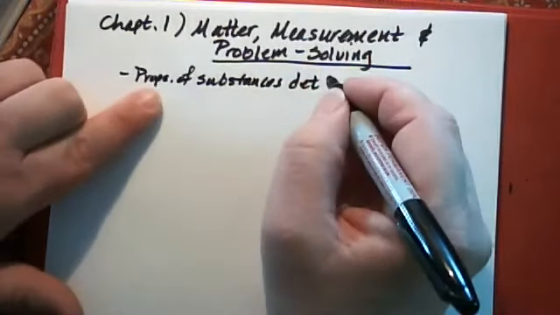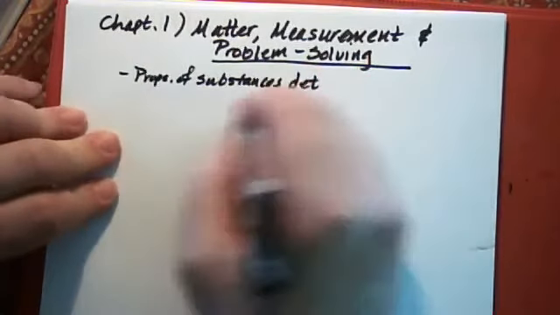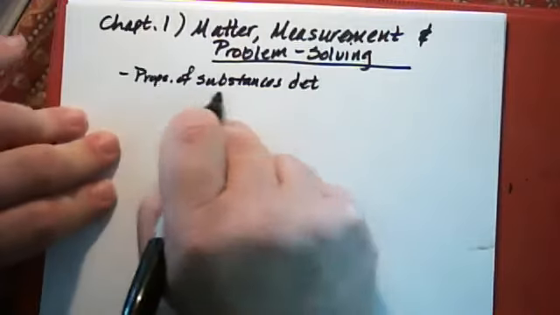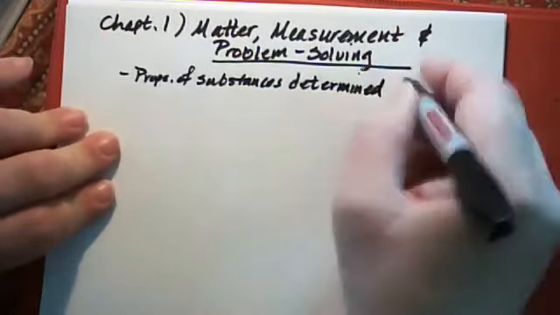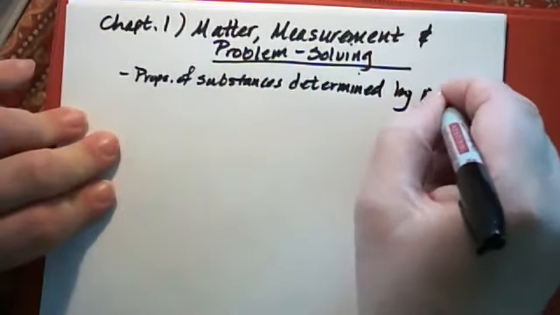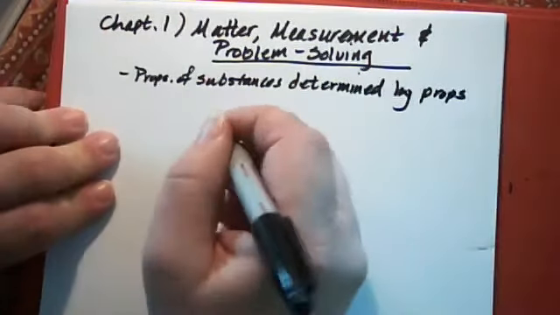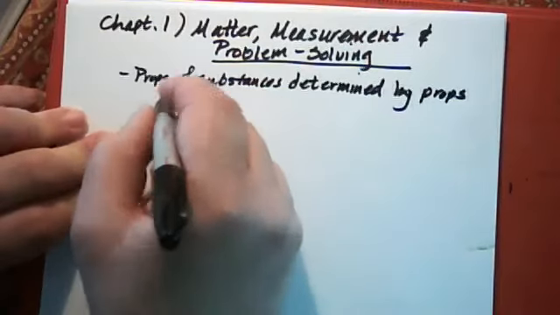So properties, that's what props means. I'll write this down because it is an important idea. Properties of substances are determined by the properties of the atoms and molecules that make them up.